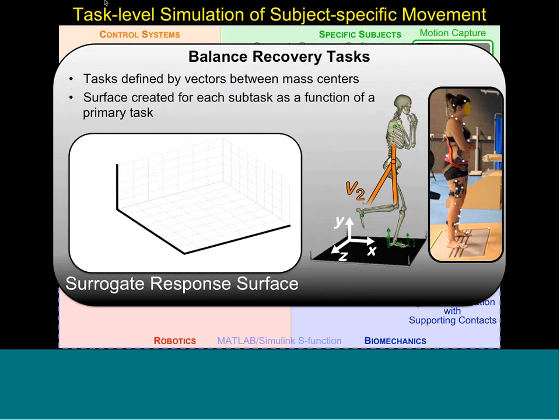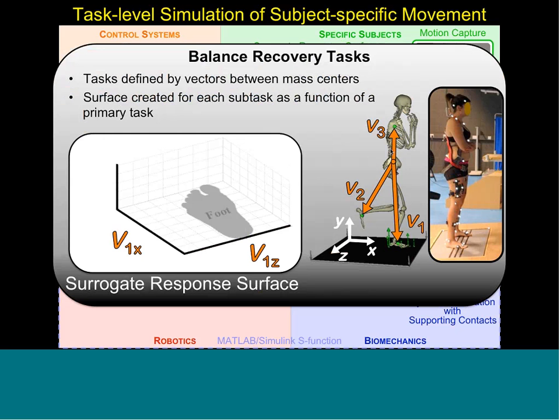Our primary task was keeping balance, for the model to stand up, keeping the center of mass of the whole body over the base of support, which here is shown by the vector V1. We also defined some secondary tasks such as V2, the swing leg position, and V3, the head and torso center of mass position on our model. These are all information we got from our experimental data.